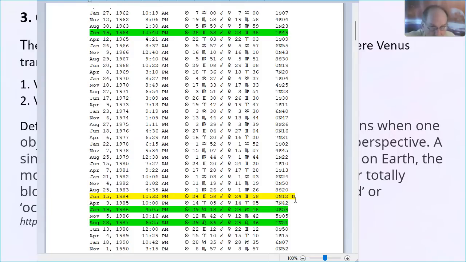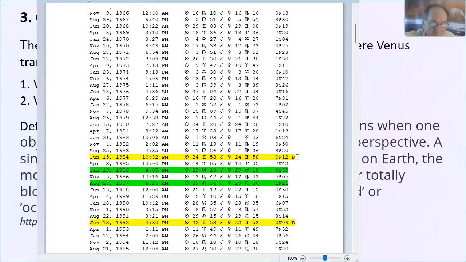And by producing a listing of direct and retrograde, I put a little D for direct. So this one, Venus is direct. When Venus is direct, that means the sun covered Venus. It's not as dramatic because you're not seeing what happens when Venus is retrograde.